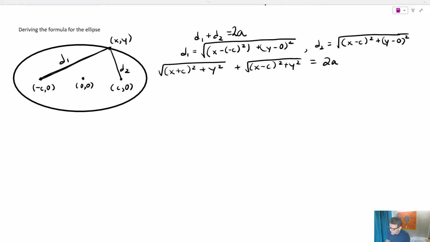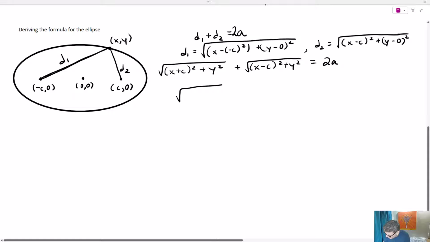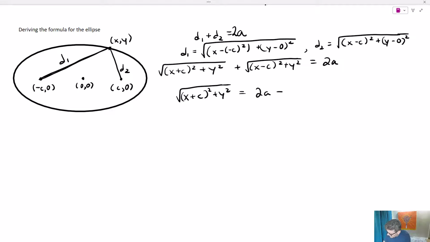So what we're going to do now is subtract over this square root of x minus c squared plus y squared. So that's going to give me the square root of x plus c squared plus y squared, and that'll equal 2a minus the square root of x minus c squared plus y squared. Now we're going to square both sides.